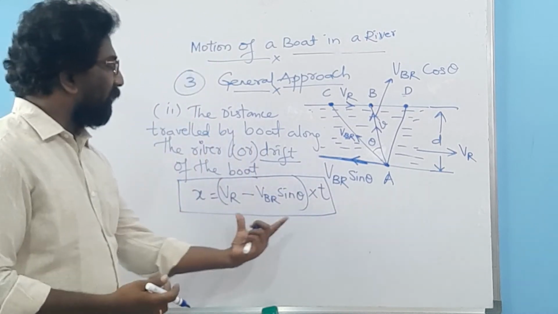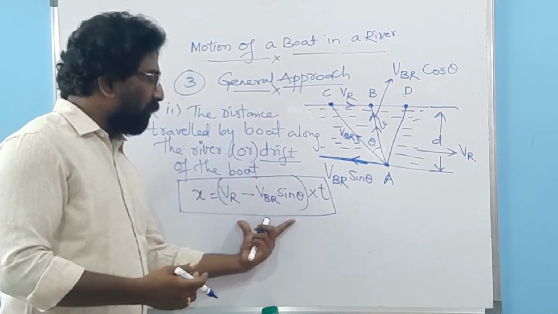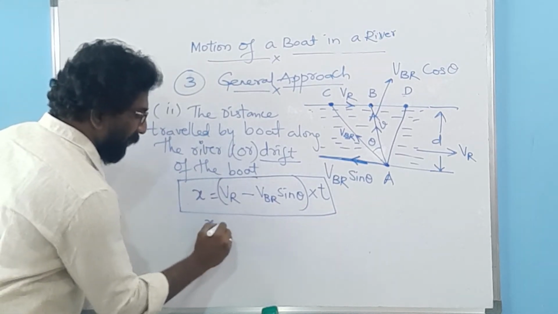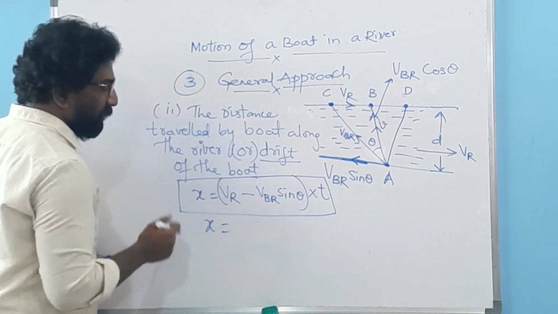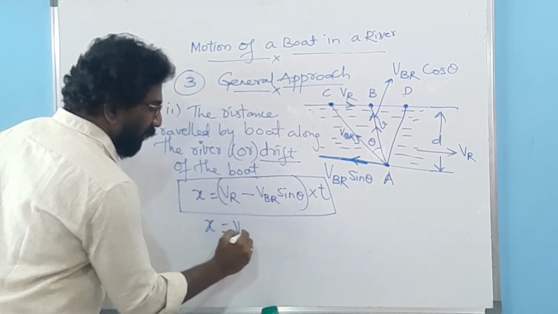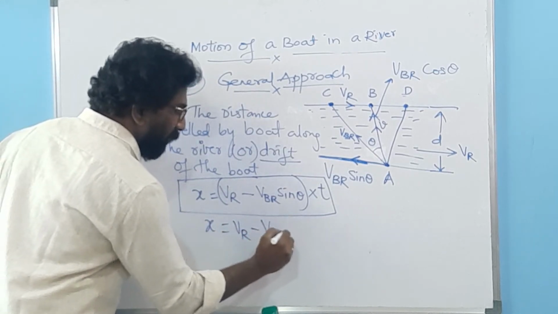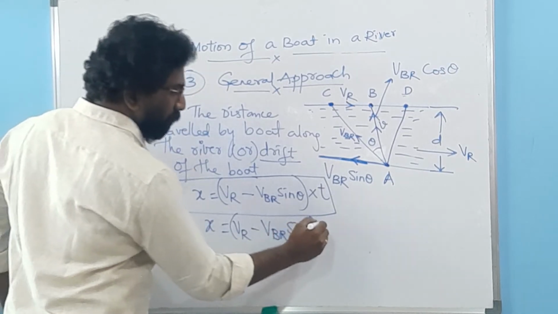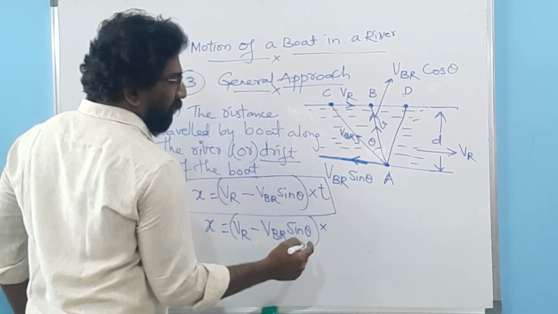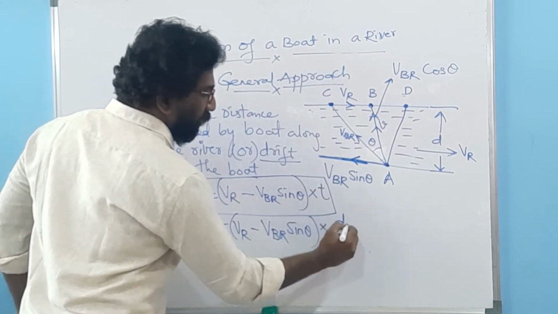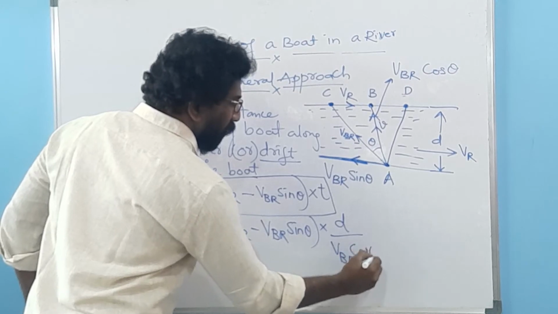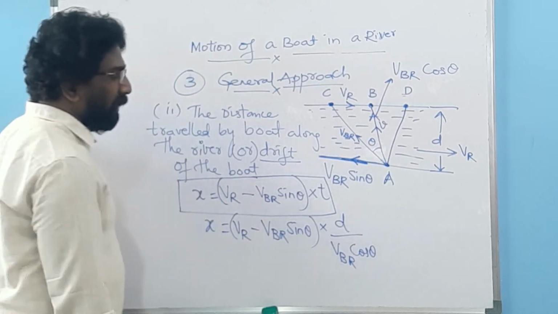First you should calculate the actual velocity of the boat into the time taken. Just now we have calculated the time taken. So displacement or distance x is equal to VR minus VBR sin theta into the time taken, which is d over VBR cos theta, the perpendicular component.